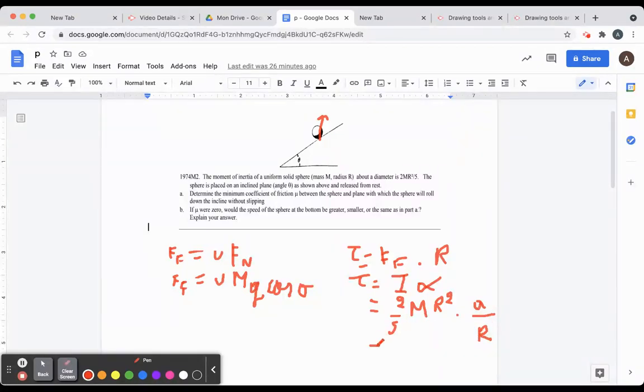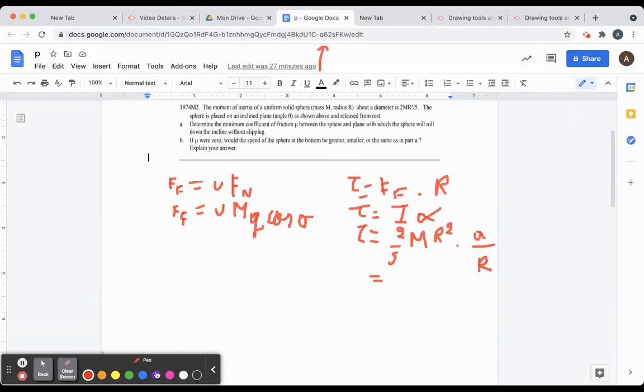And by doing some math, combining force of friction with this formula, we'll find that force of friction is equal to 2 over 5 times ma.